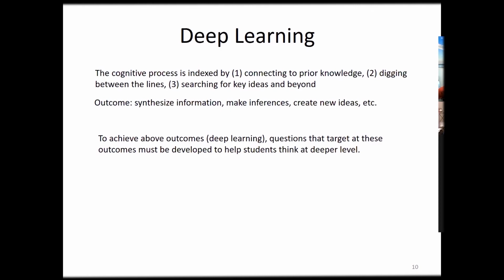So make sure the question will tap into their prior knowledge and help them to think between the lines. How can you develop these types of questions? We will show you some examples, okay? You try to develop questions that ask students to search for key ideas and beyond, right? And the outcome is the students will synthesize information, make inferences, create new ideas, and so on and so forth, okay?